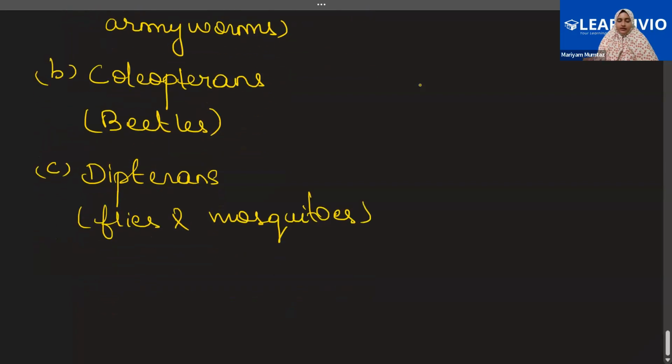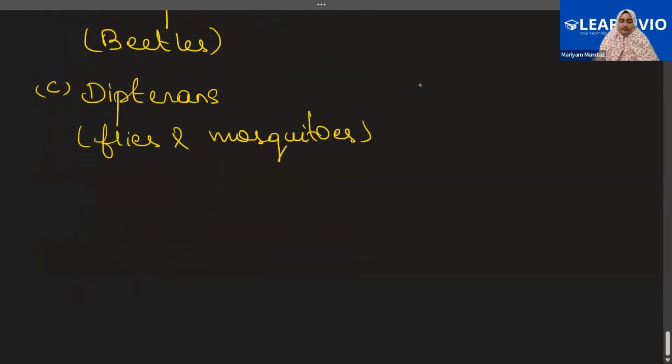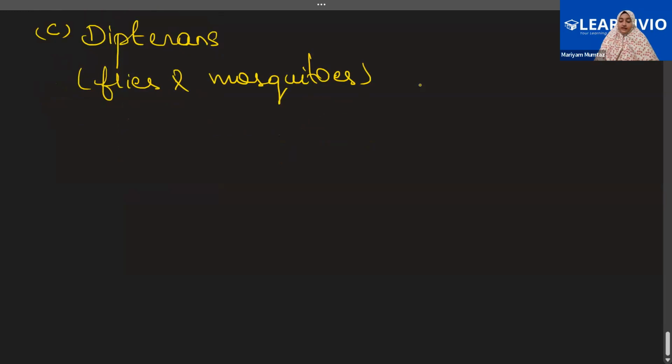Now, what I am about to tell you is very important as far as the MCQs are concerned. The cry protein or the cry gene is of multiple types. We know that there can be several different kinds of genes present.